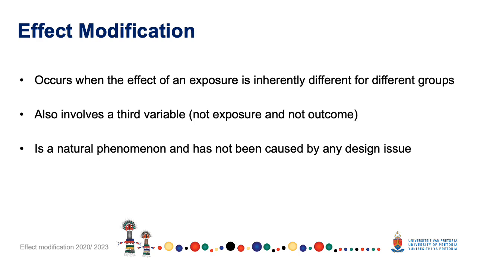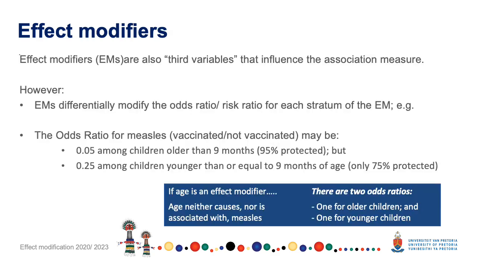It's because basically there's a different response in the two groups of the effect modifier. It also involves a third variable, which is not the exposure or the outcome, and it's a natural phenomenon. It hasn't been caused by any design issue. With effect modification, therefore, we end up with different odds ratios for each stratum.